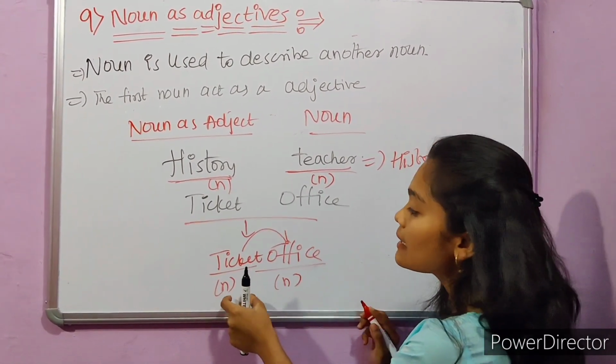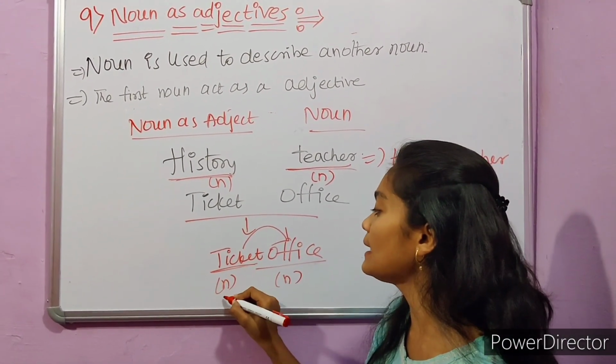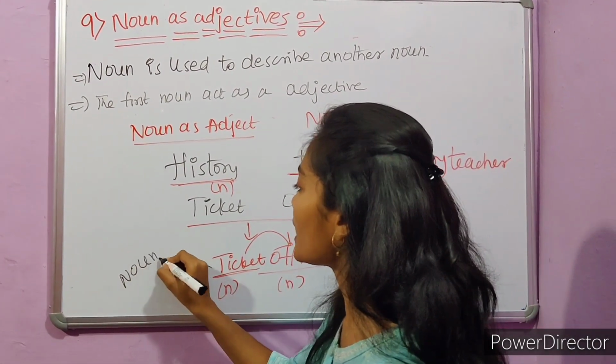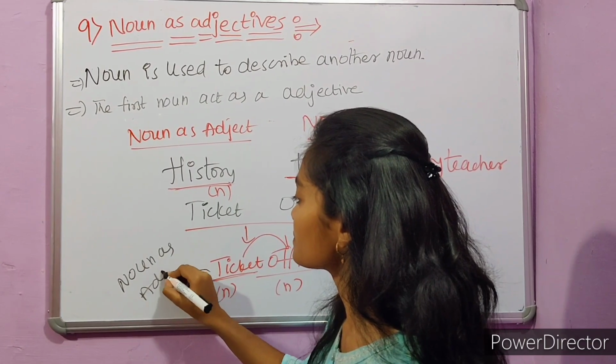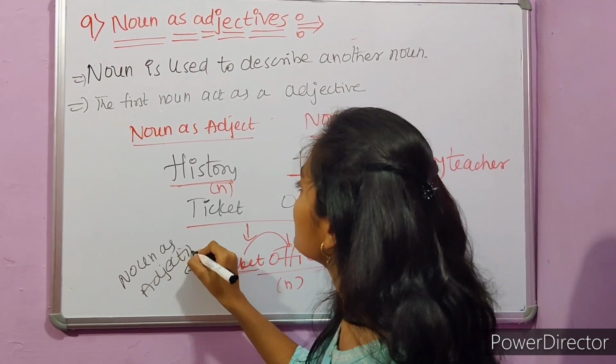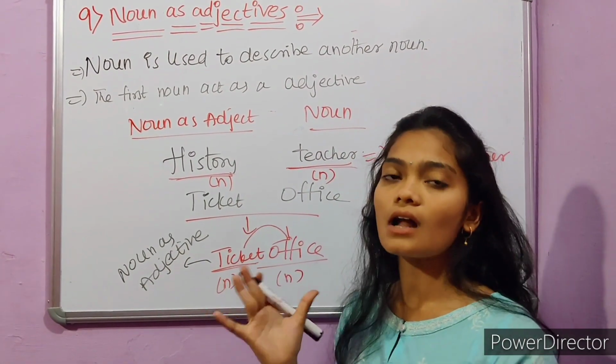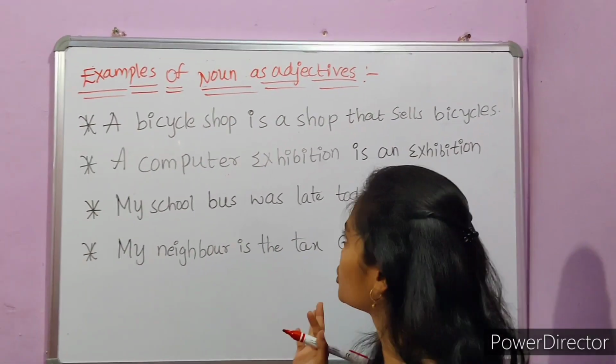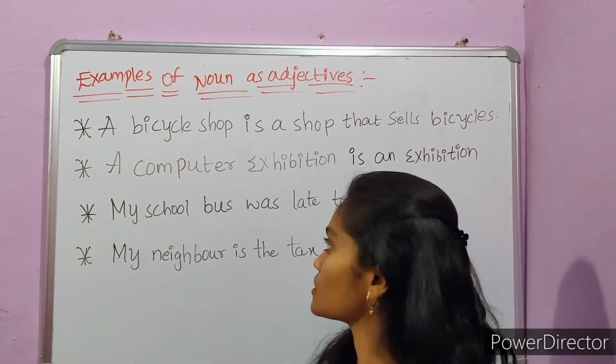So here in this sentence, ticket is a noun as adjective. In the first sentence, history is a noun as adjective. These are the various examples related to the uses of noun as adjectives.